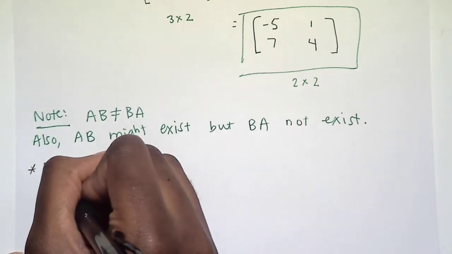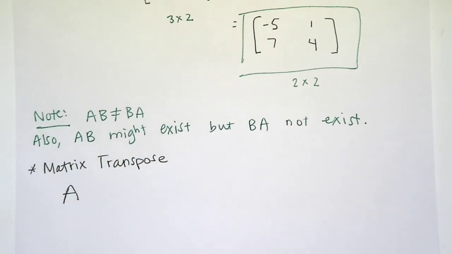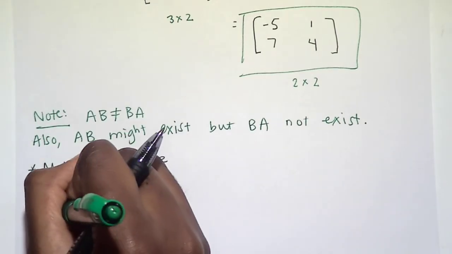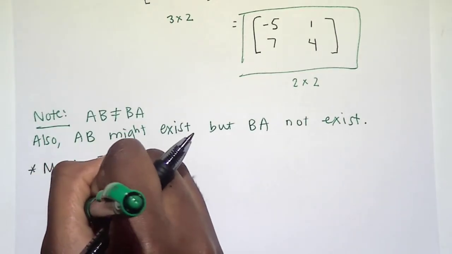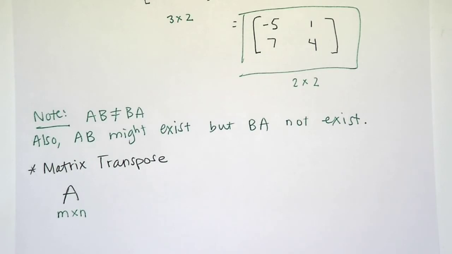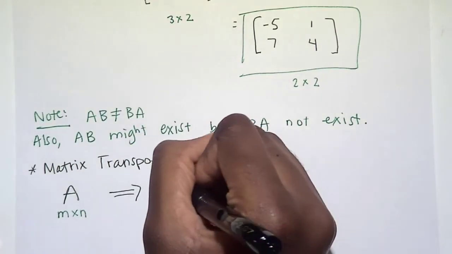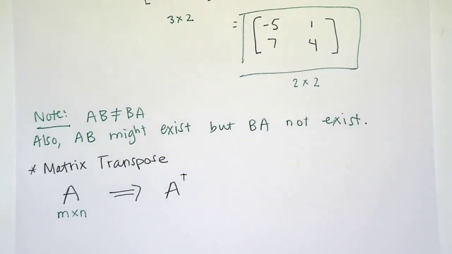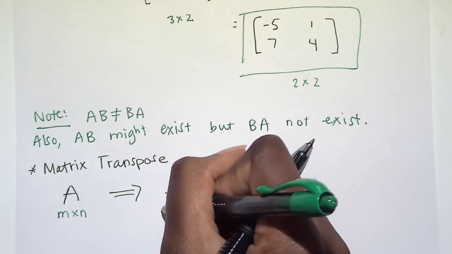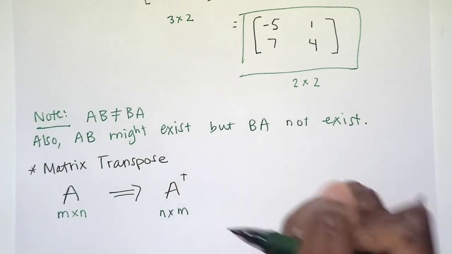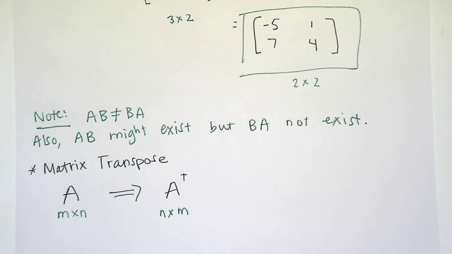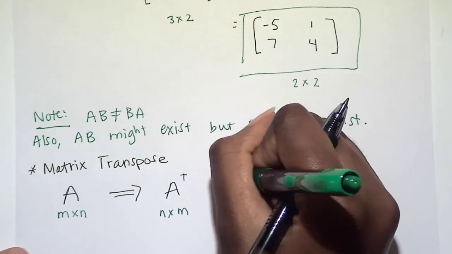Let's say we have a matrix A, and it's an M by N matrix. A transpose is actually an N by M matrix. So the only difference between a matrix and its transpose is that we switch the rows and the columns.